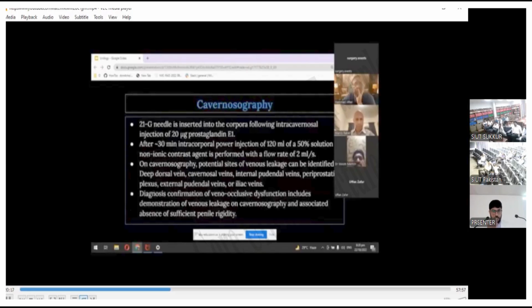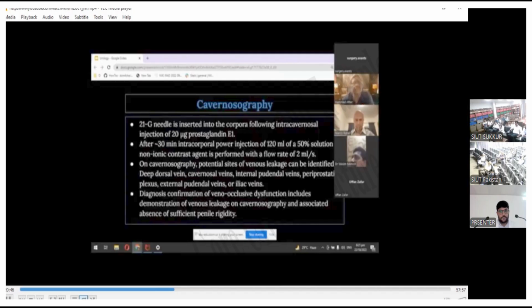A 21 gauge needle is inserted into the corpora following the intracavernosal injection of 20 microgram prostaglandin E1. After 30 minutes, intracorporal power injection of 120 milliliters of 50% solution of non-ionic contrast agent is performed with a flow rate of 2 milliliters per second. On cavernosography, the potential sites of venous leakage can be identified.